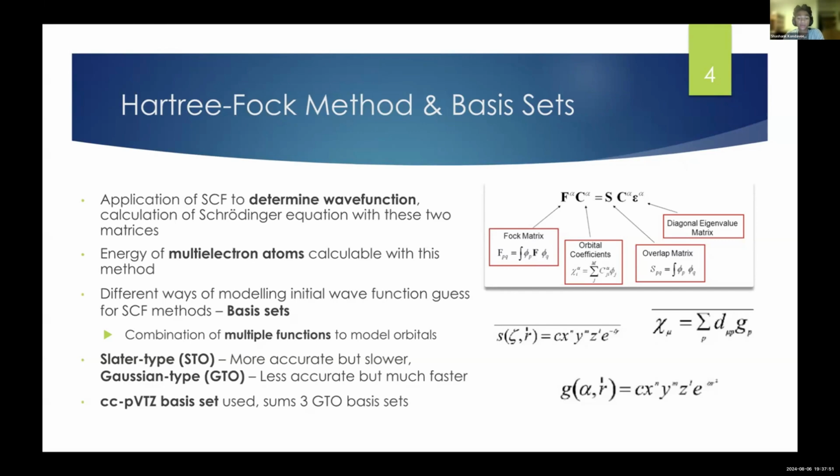Conversely, Gaussian-type orbitals, or GTOs, compute far faster but are less precise. GTOs are hence a common choice in many different applications. One often used example is the cc-pVDZ basis set, which balances computational efficiency and precision by aggregating 3 GTO basis sets.